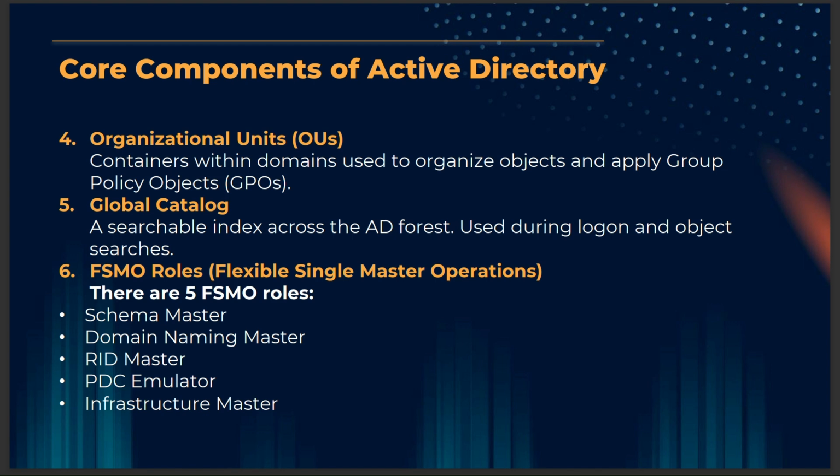And finally, FSMO roles are critical domain-wide operations assigned to specific DCs, or domain controllers. And there are actually five FSMO roles: Schema Master, Domain Name Master, RID Master, PDC Emulator, and Infrastructure Master.